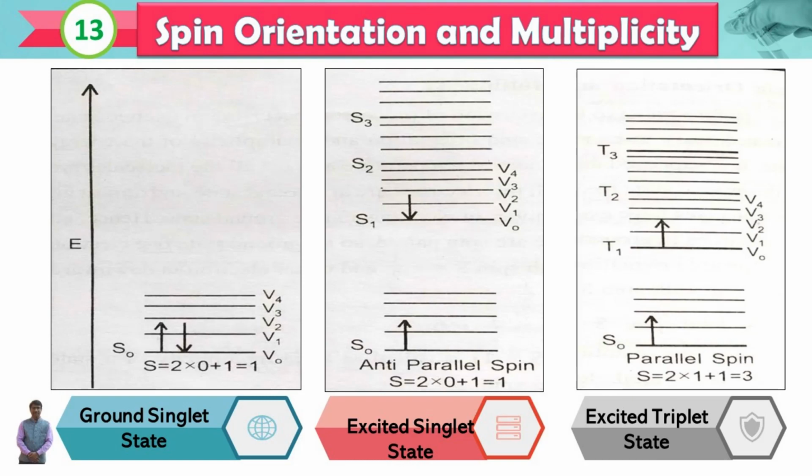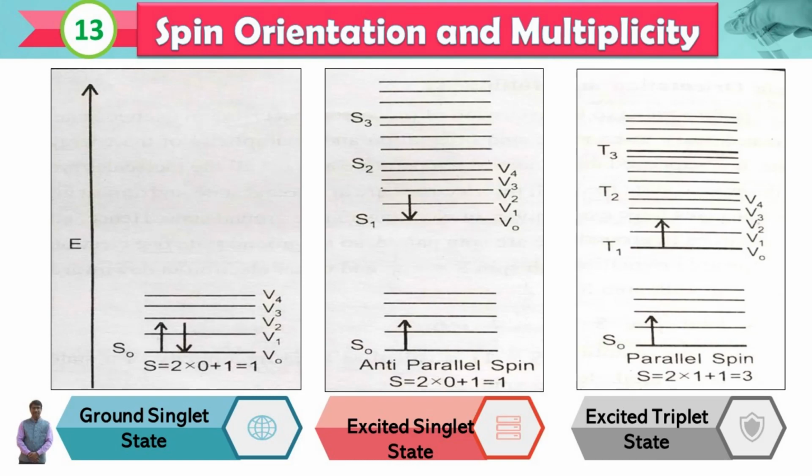So the total spin S is equal to 0, and 2S plus 1 is called the spin multiplicity of the energy state. So the spin multiplicity of the ground state becomes 1. This energy state is known as the singlet ground state, designated as S0, as shown in figure A.